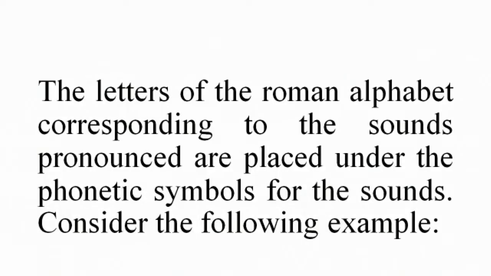The letters of the Roman alphabet corresponding to the sounds pronounced are placed under the phonetic symbols for the sound. So I use this as an illustration of how to substitute the letter of the Roman alphabet for a given sound.